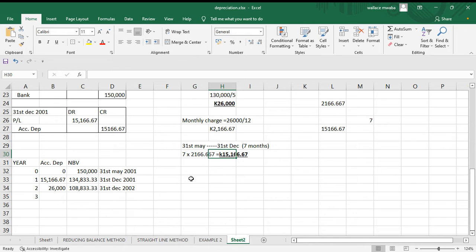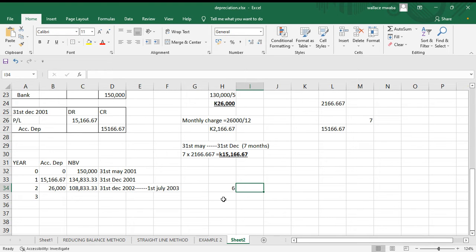So what we're going to do is from 31st December 2002 to 1st July 2003, how many months is that? January, February, March, April, May, June. Yes, we end on June. So that is 6 months.